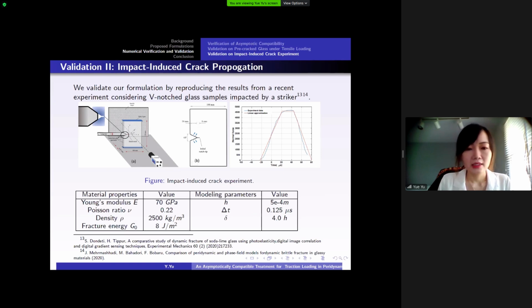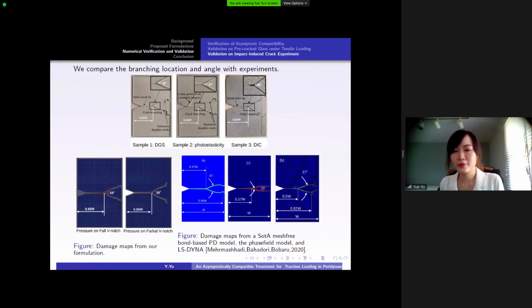In this experiment, three prevalent optical techniques were applied to 3 different samples, as listed here. In these 3 samples, what they observed is that the branching location goes from 53% to 56%, and the branching angle is in the range of 55 degrees to 69 degrees.